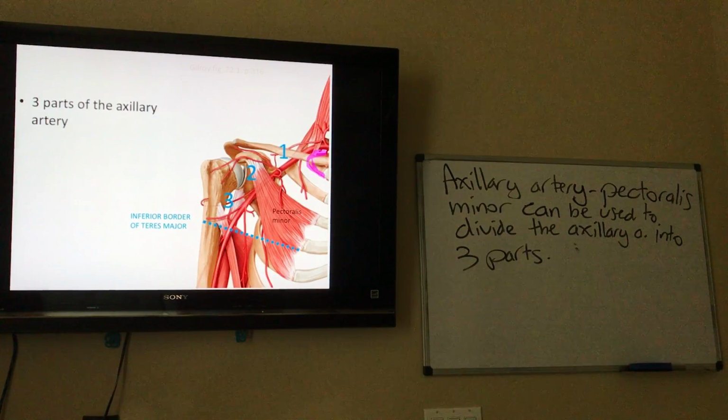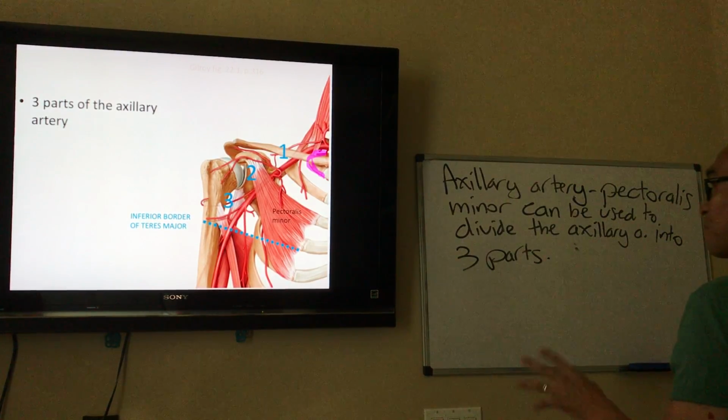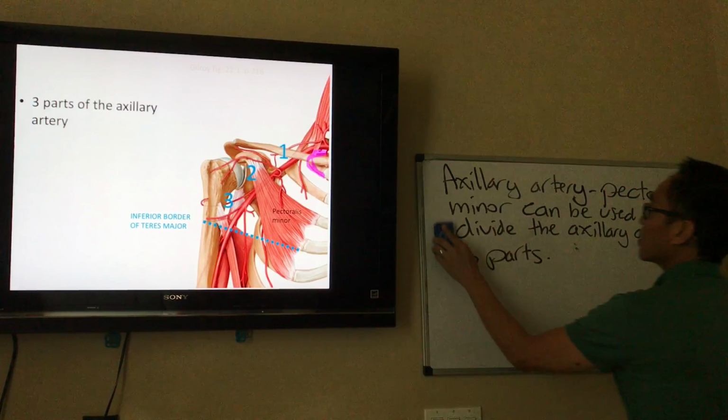Well, you can see the three parts, 1, 2, 3, pictured there. Let me kind of define these three parts.